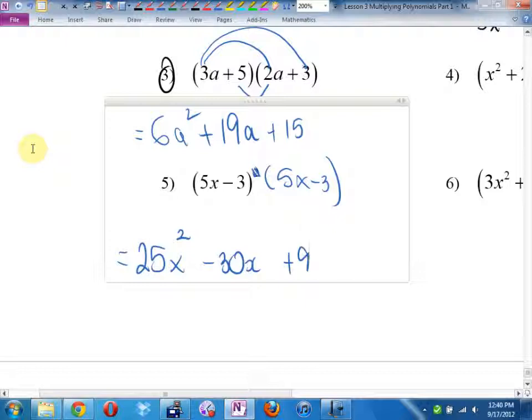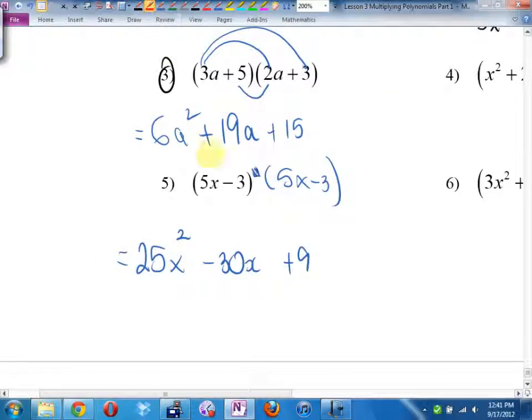Amber, am I right? Or am I wrong? I could be wrong. Well, I did give minus 30x. Okay, let's see. What's the 25x squared? Check. Got it. What's that right there? Negative 50 there.